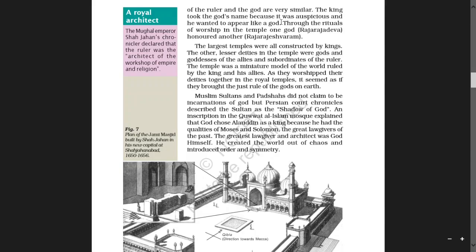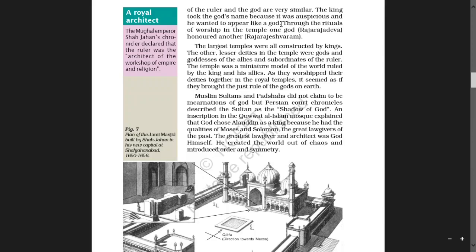See, the king used to take the god's name. It is because it was auspicious. Auspicious means favorable, and he wanted to appear like a god. So the king also wanted to appear in front of the people like a god.